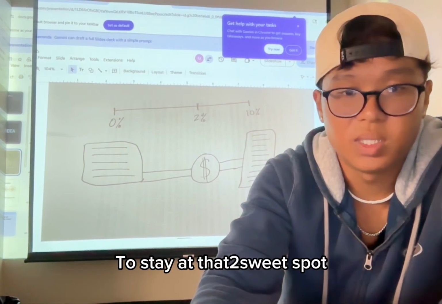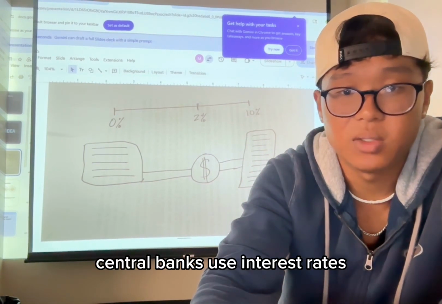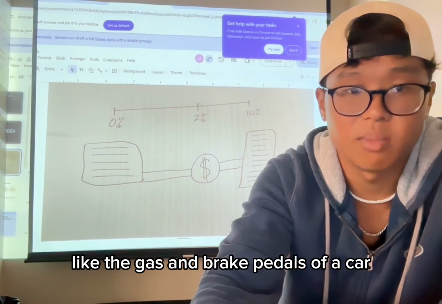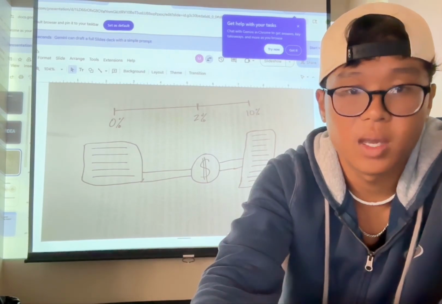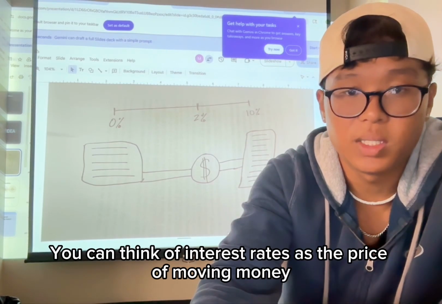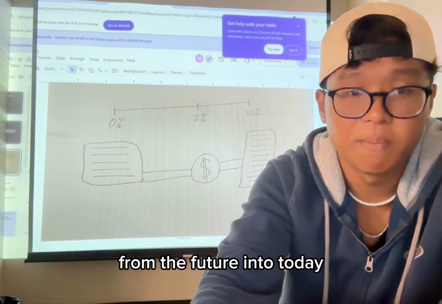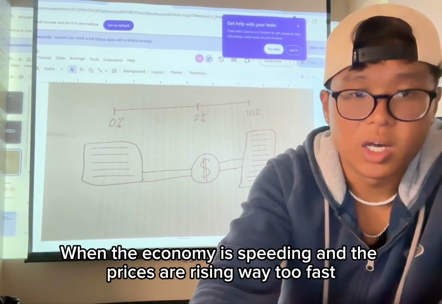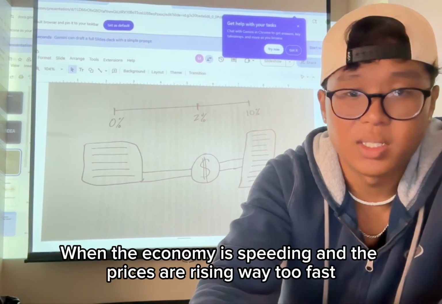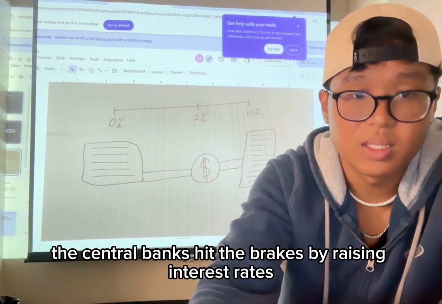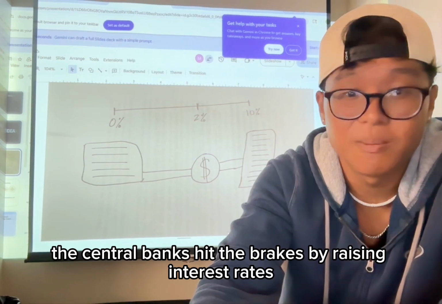To stay at that 2% sweet spot, central banks use interest rates like the gas and brake pedals of a car. You can think of interest rates as the price of moving money from the future into today. When the economy is speeding and the prices are rising way too fast, the central banks hit the brakes by raising interest rates.